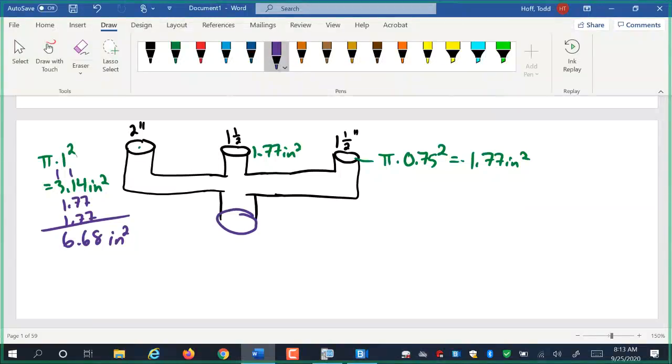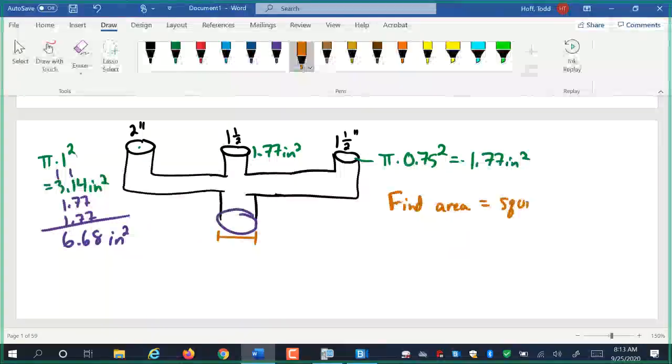So that means that we need this pipe here to be big enough to handle 6.68 square inches of flow. So now we have to work backwards to find what the diameter of that pipe has to be. So when we find area, we square the radius, and then we multiply by pi, so times 3.14.